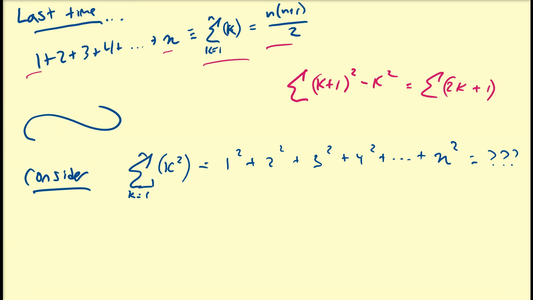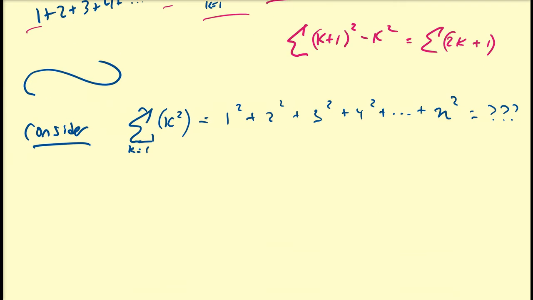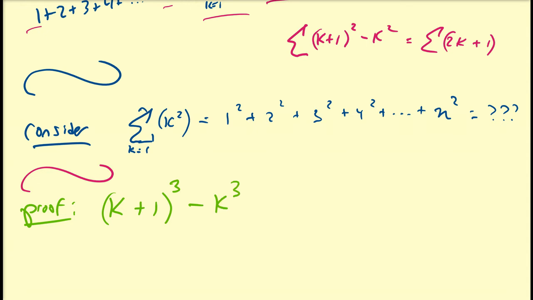In order to find that out, let us first look at an identity. What is k plus 1 cubed minus k cubed equal to? This is almost the same start as we did in the consecutive integers proof, except we've just increased the power by 1.